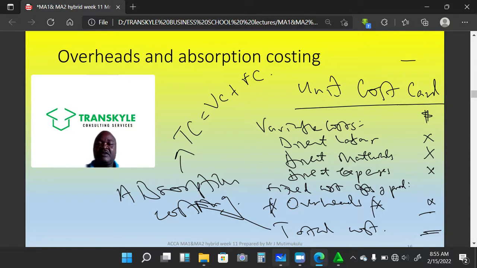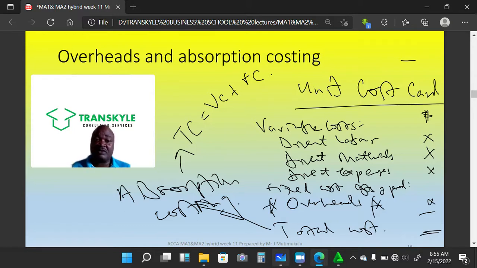We have to apportion these overheads, or sharing. Let me just use the word sharing, because if we say apportion, it means something else. So the method of sharing overheads among different products or services in a firm, that's absorption costing.